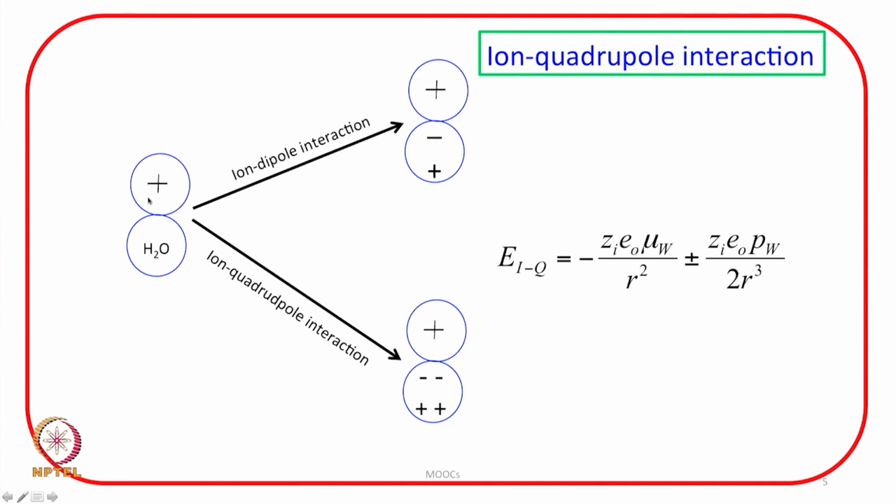However, when this ion is very close, when you see a situation which is very close to water, the quadrupole character of water cannot be ignored, and therefore, the ion quadrupole interaction term will have contribution from the permanent dipole moment mu w and will also have contribution from the quadrupole moment of water, theta w, with a plus minus sign depending upon whether the interaction is with the positively charged end or with the negatively charged end.